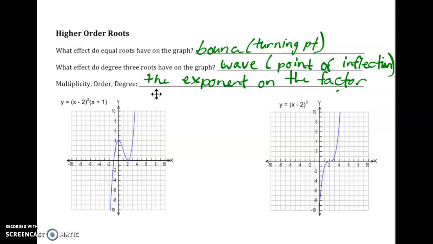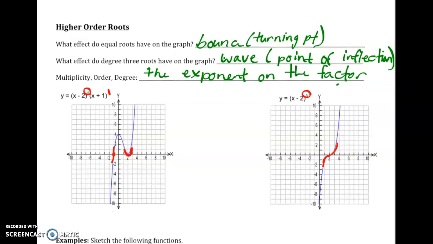Down here, I've given you a couple more examples of those bounces and waves. Anytime the root had degree 2, there's a bounce. If the root has degree 1, you just pass straight through the x-intercept like normal. And similarly over here, the root this time has degree 3, and you'll notice that we have that cubic wave going through the root.